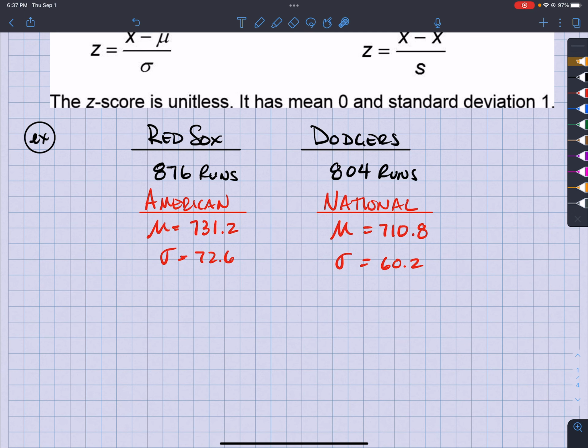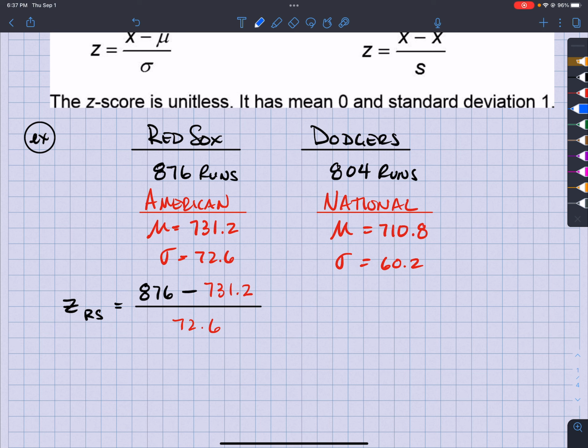So if I was to find the Z-score for the Red Sox, that is going to be their number of runs that they had minus the mean, which is 731.2, divided by the standard deviation, which is 72.6.